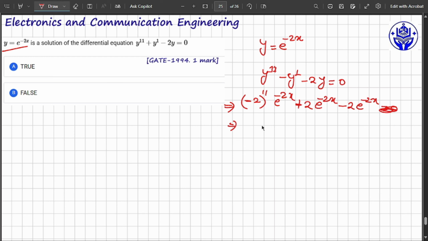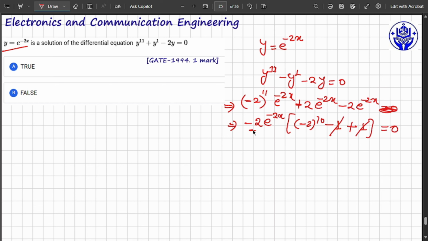So I am taking the common factor, minus 2 e^(-2x). Then what remains is (-2)^10 minus 1, plus 1, equals 0. Now minus 2 e^(-2x) can't be equal to 0.